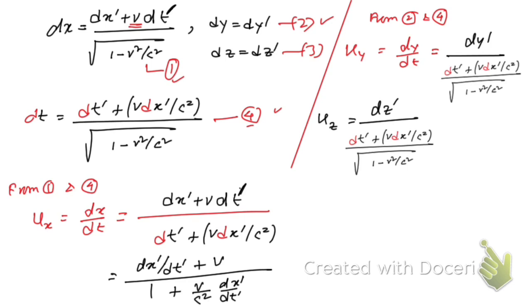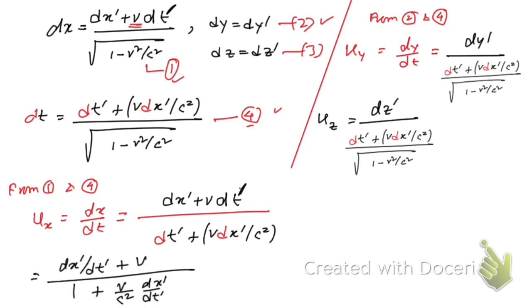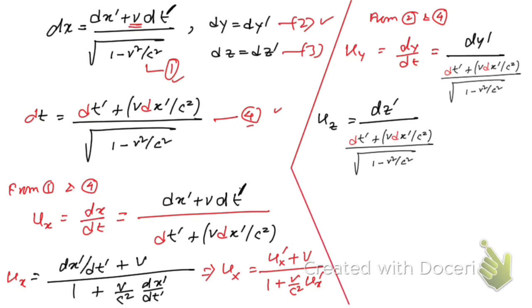So this is v by c square. Here you see this is nothing but ux dash, right? So we can write: ux is equal to ux dash plus v divided by 1 plus v by c square times ux dash, right? Now let me simplify this one and this one also.